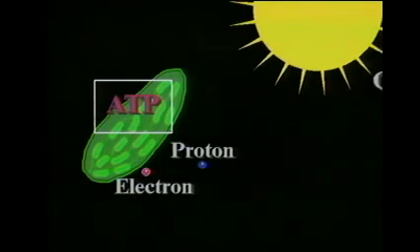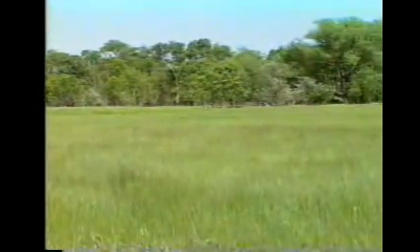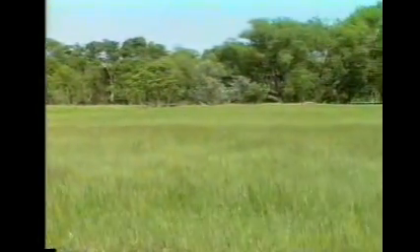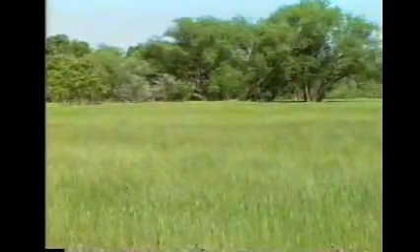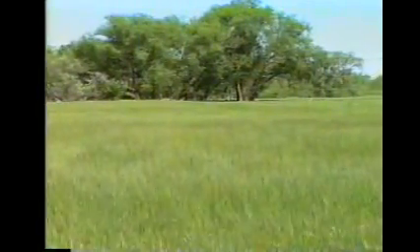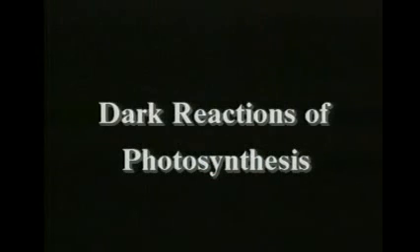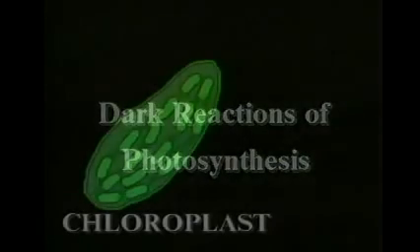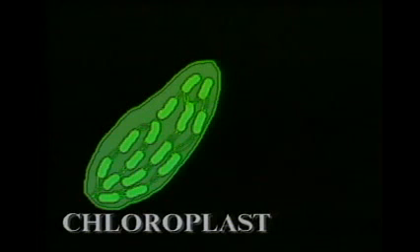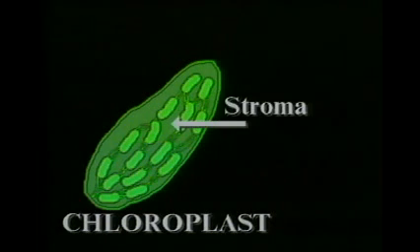This is the source of most of the oxygen on the planet Earth. Everything to this point has prepared the scene for the second stage of photosynthesis, called the dark reactions of photosynthesis. As the name implies, these reactions can occur in the absence of light. The dark reactions take place inside the chloroplast in its fluid-filled matrix, the stroma.